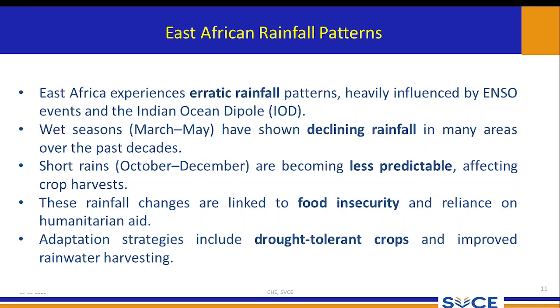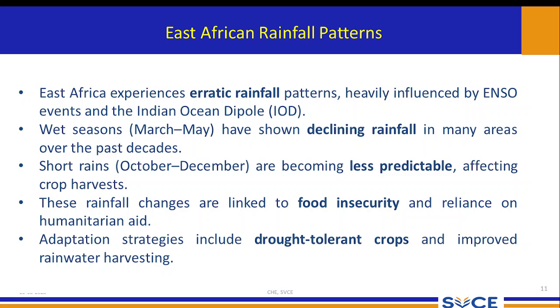So, what is the Indian Ocean dipole? Because of the changes in temperature on the surface of the water, the wind pattern arises. That's what we say in El Nino events, right? So the Indian Ocean dipole is a climate pattern characterized by fluctuation in sea surface temperature between the western and eastern tropical Indian Ocean.